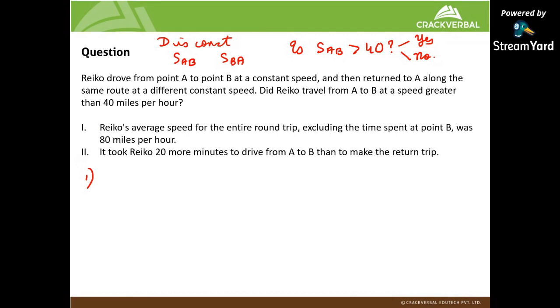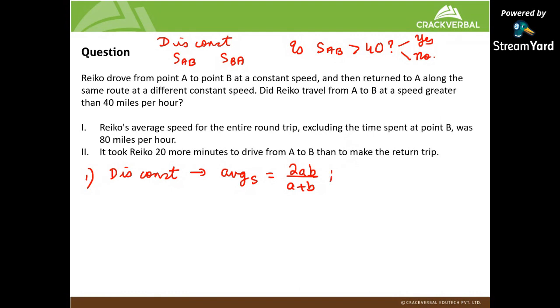The first statement says Raiko's average speed for the entire round trip, excluding the time spent at point B, was 80 miles per hour. Now, this is a conceptual question. If distance is constant, the average speed is always given by 2AB divided by A plus B, where A and B are the upward and downward journey speeds respectively.